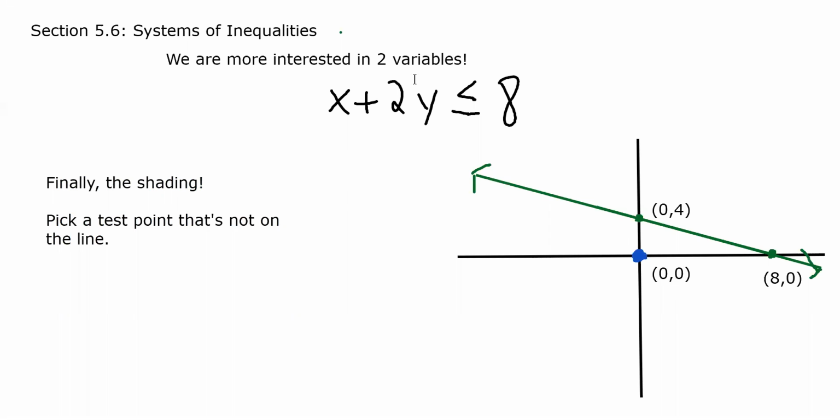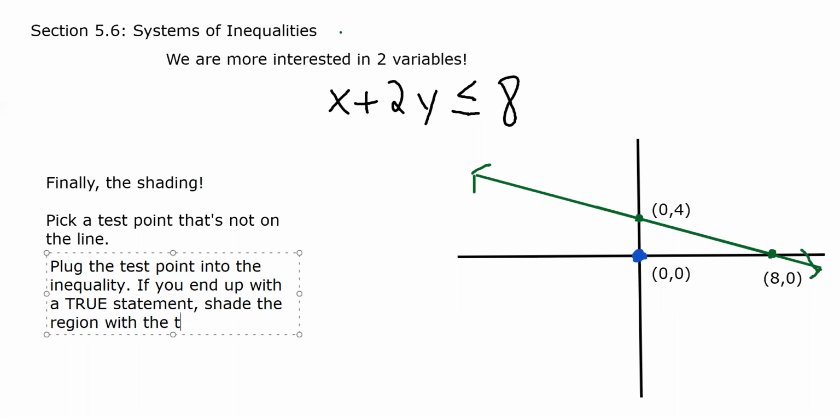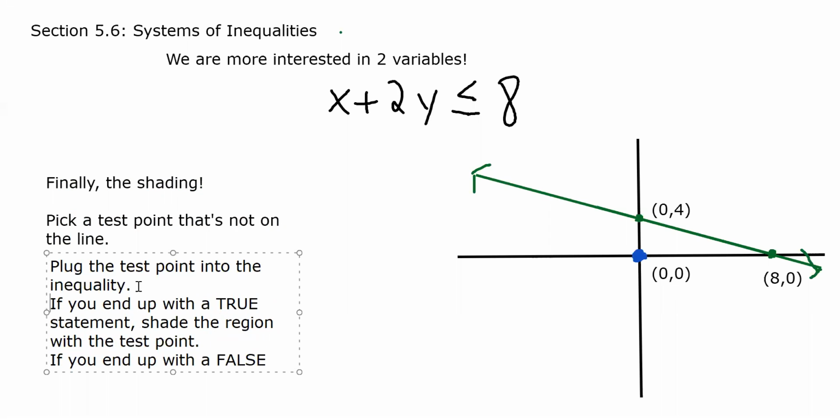We're going to use the test point. You're going to plug the test point into the inequality. If you end up with a true statement, shade the region with the test point. If you end up with a false statement, shade the other region.